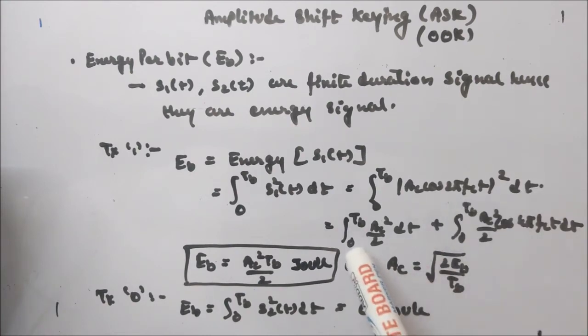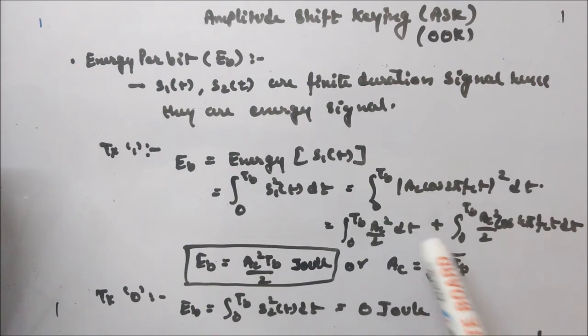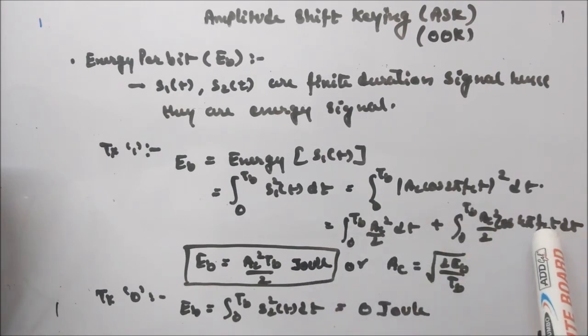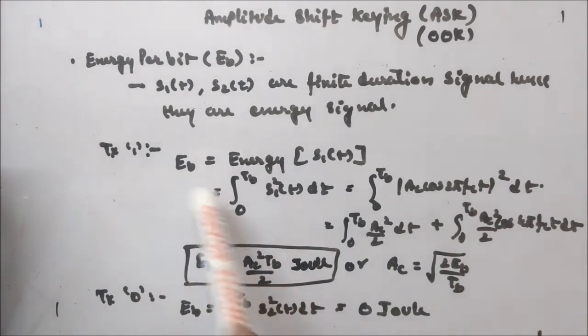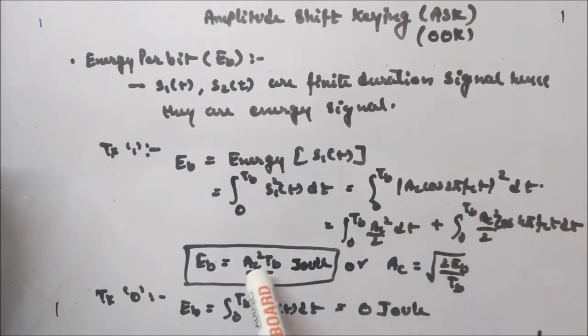If you solve this, you get the integral from 0 to TB of Ac²/2 dt plus the integral from 0 to TB of Ac²/2 cos 4πfct dt. If you solve this expression, you will get Eb equal to Ac² TB divided by 2 joules.